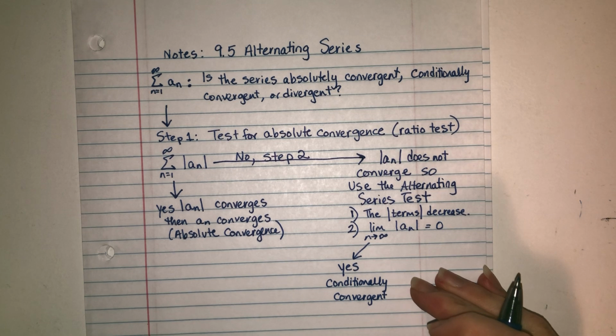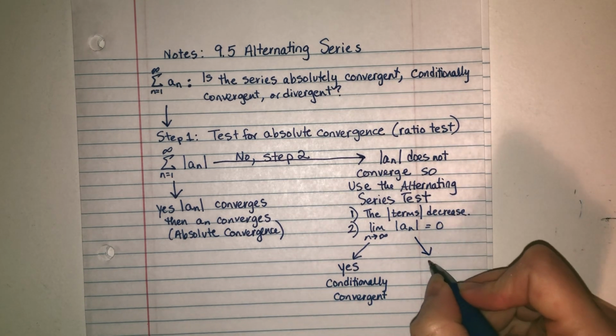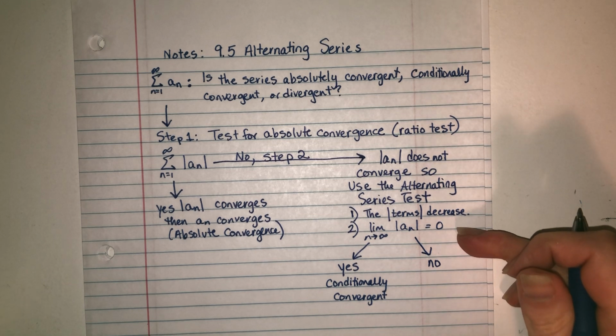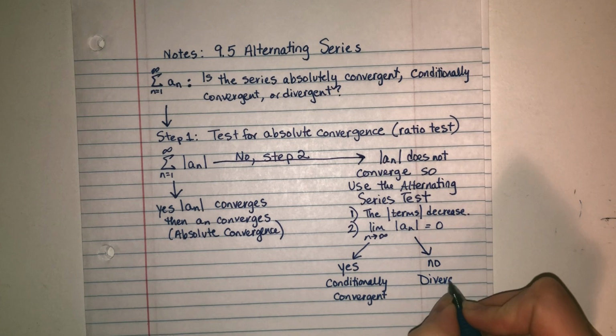If this series was not an alternating series, it would be diverging. If the answer to this is no, and it could be either one of these is no, it doesn't have to be both, then we're going to say that the series is divergent.